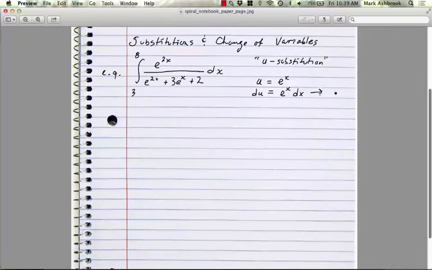So we can use this now, and dx equals du over e to the x. Well, what's e to the x? u. So dx is then du over u, because e to the x is u.